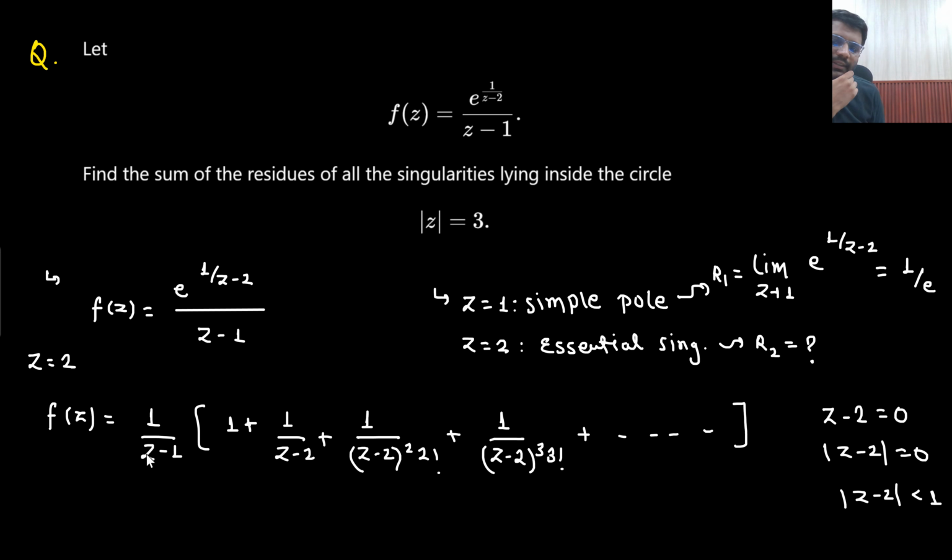Is that understandable to you? This z minus 1 inverse I have written in this way, 1 plus z minus 2 inverse. And now I can expand. How can I expand? Because, sir, this particular thing, z minus 2, is nothing but 0. So that is 0. That means, sir, the mod of z minus 2 is less than 1. Yes, now I can expand.